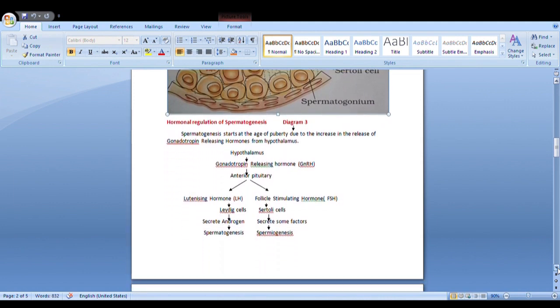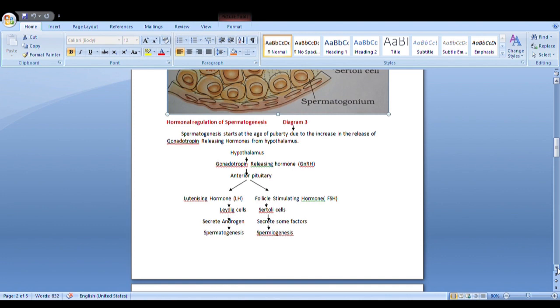Next comes the hormonal regulation of spermatogenesis. Spermatogenesis starts at the age of puberty due to the increase in the release of gonadotropin releasing hormone from hypothalamus. So spermatogenesis starts at the age of puberty. Puberty means attaining sexual maturity.